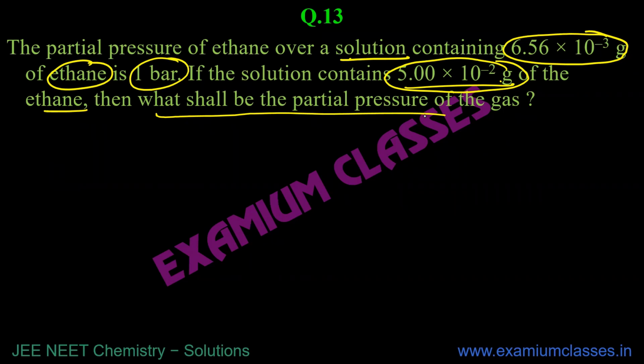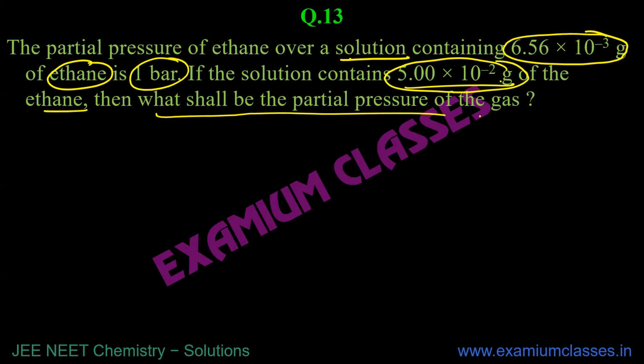No. Partial pressure is given and the amount of ethane is given. Yes, that is what you need to do. Good, correct answer. So how do we do that? Basically, KH is not given. You have to write the equations in terms of KH, and then get the answer.